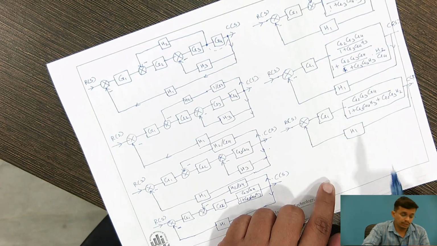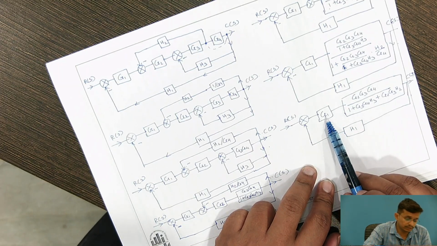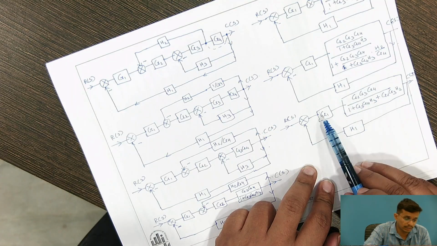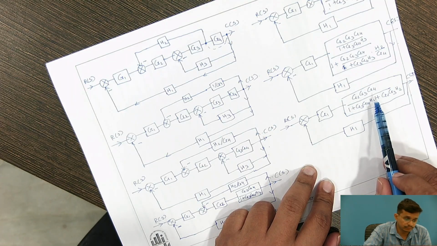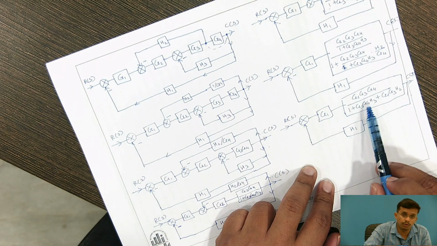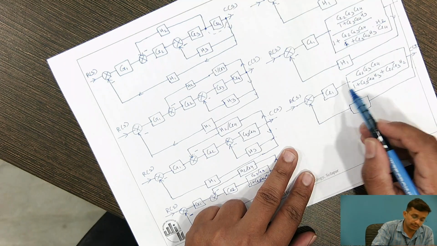Now we need to check that this G1 and this particular block are in series. These two blocks are in series, so we will just multiply G1 by this block.